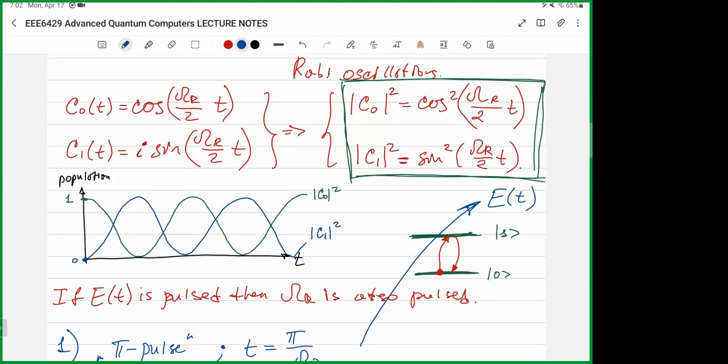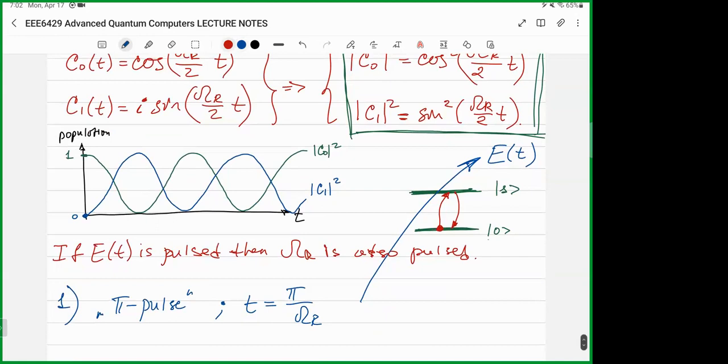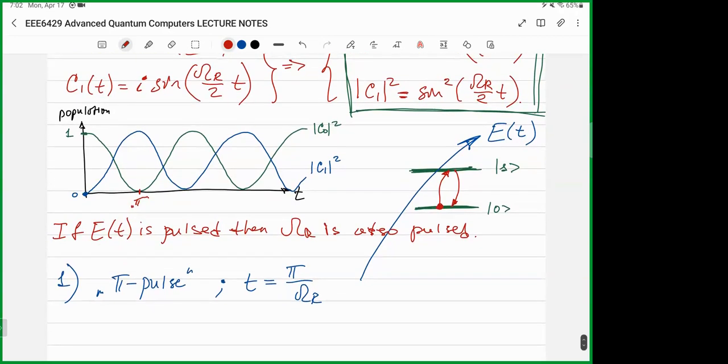So on this diagram, where is this pi pulse? It is here, right? So this is the pi pulse. I had a qubit in the ground state, and I prepare this pi pulse.